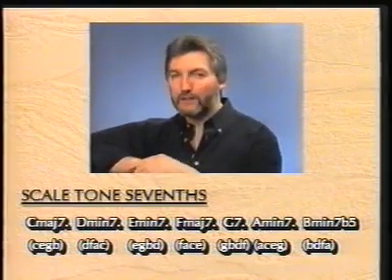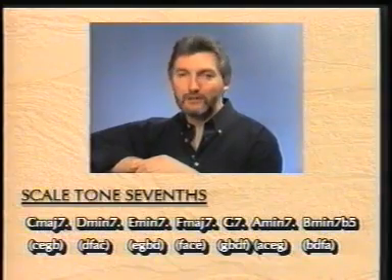So, in the key of C, the 1 chord is C major 7, the 2 chord, D minor 7, the 3rd is E minor 7, the 4 chord is F major 7, the 5 chord is G7, the 6 chord is A minor 7, and the 7 chord is B minor 7 with a flat 5.